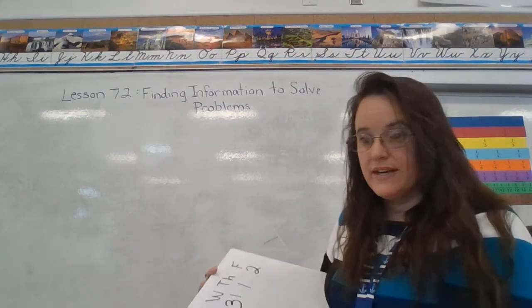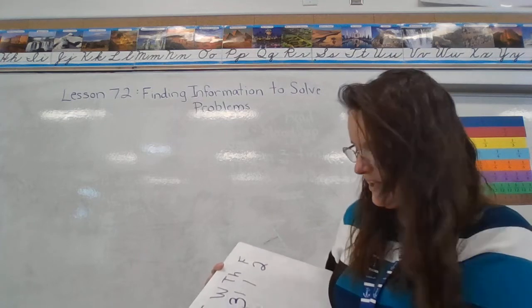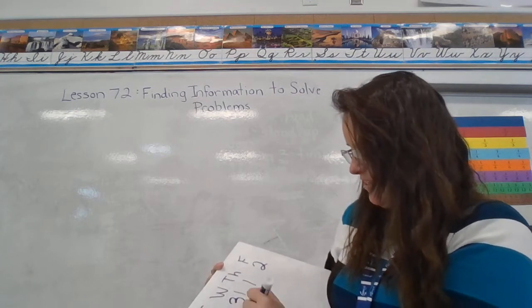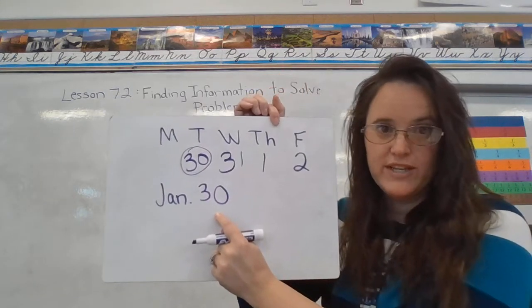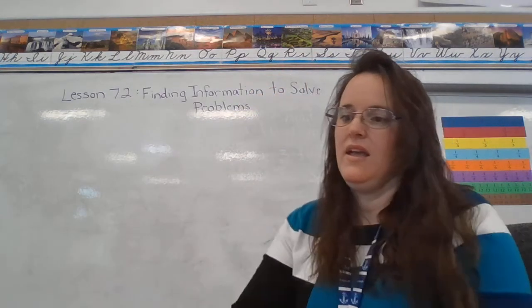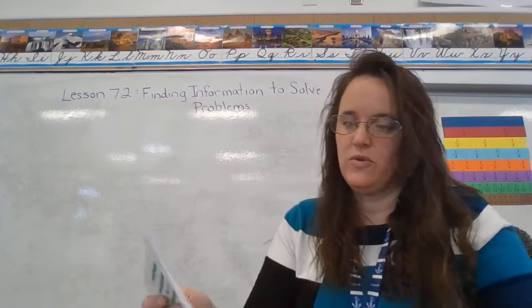So when were the speeches held? January 30th would be our answer for that part of the question. Okay, so that's all we're going to do with our election question.